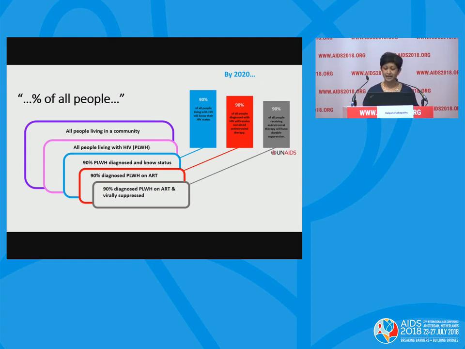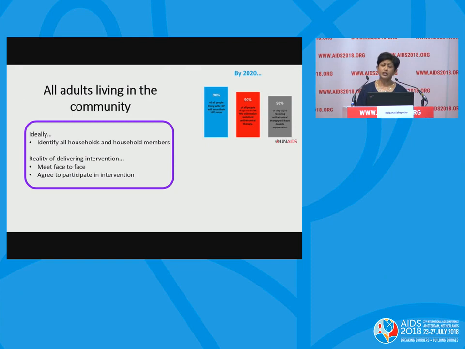as accurately as possible. So if we're trying to identify all the adults living in the community, ideally we want to identify all households and all individuals living in those households. The reality of delivering interventions is that we've got to meet people face to face, whether that means finding them at home or having them turn up to community interventions, and they have to agree to participate in the intervention and hopefully go on to accept services being offered.